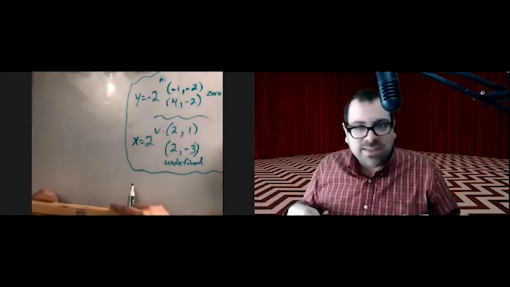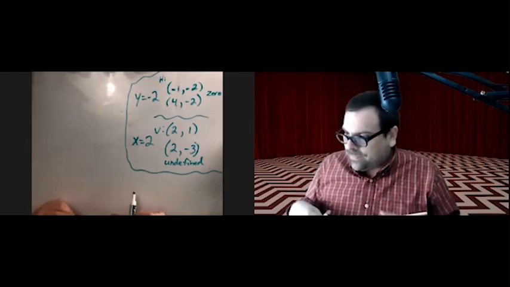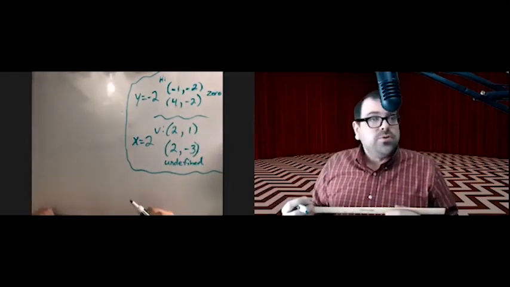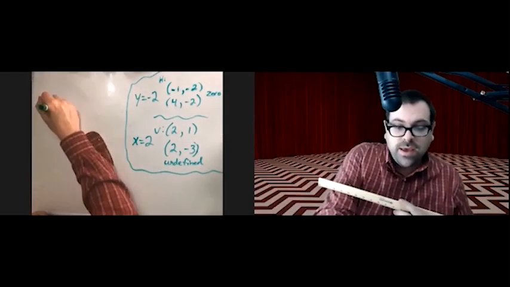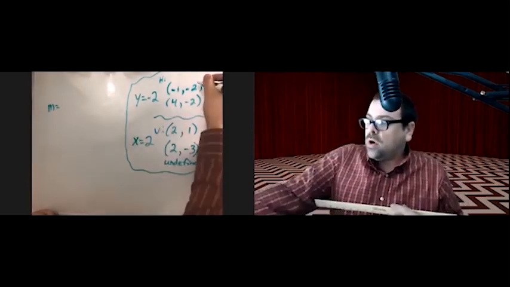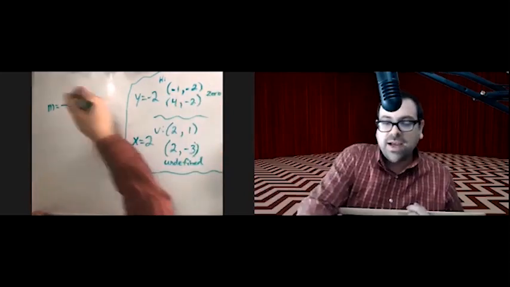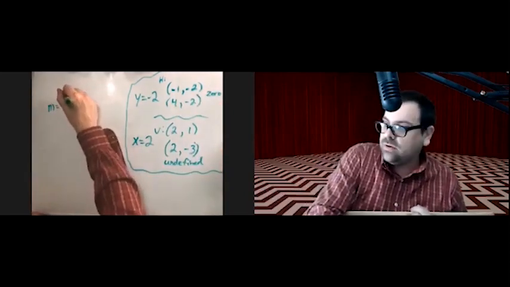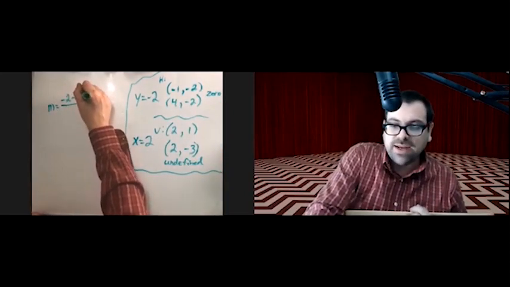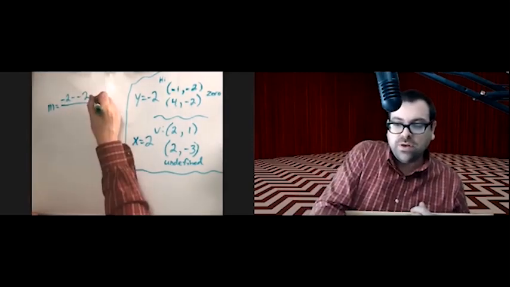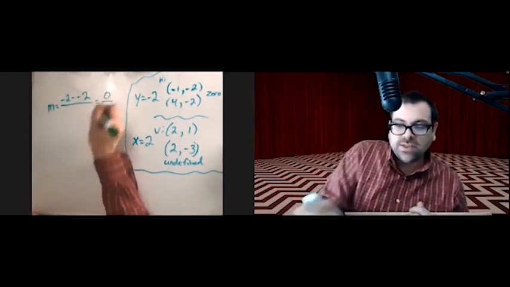We would expect it to be 0. Let's go through the motions. M equals y's on top. y2 minus y1 would be -2 minus -2, which is a 0 on top.